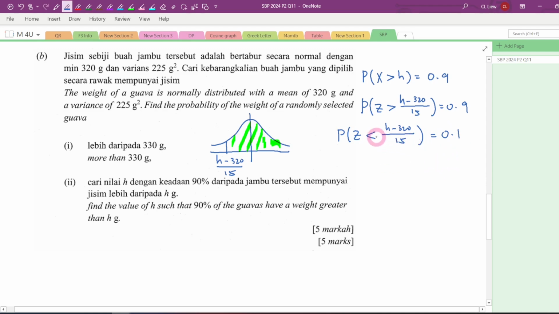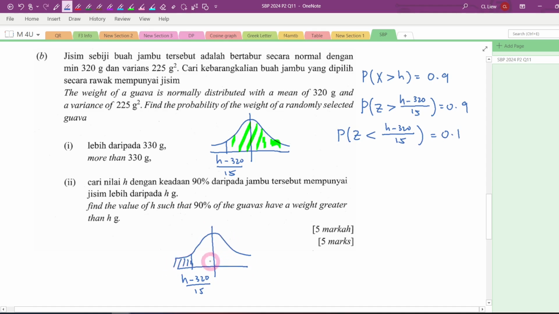Okay, now for me personally, I like to change it to greater than, then only I can start getting my answer from the table. So what I'm going to do now is this. It's actually h minus 320 divided by 15, which is over here, less than.